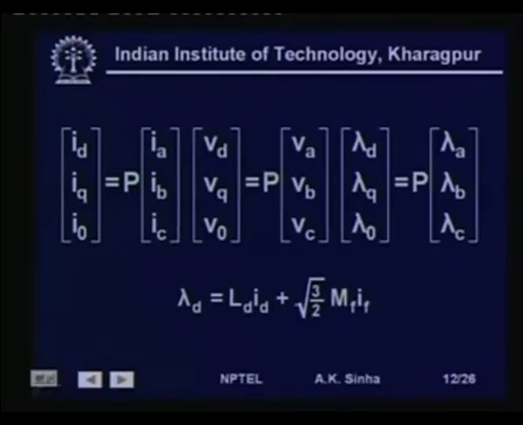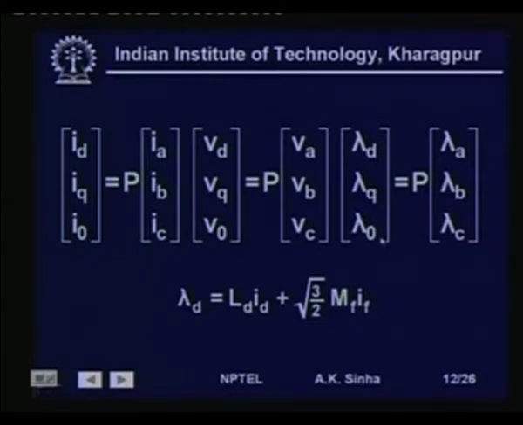The same transformation can be done on ABC phase voltages, then we will get the dq0 frame reference voltages. So, Vd, Vq, V0 is equal to P into Va, Vb, Vc. Similarly, the same transformation can also be applied to the flux linkages. So, P into lambda A, lambda B, lambda C will give us lambda d, lambda q, lambda 0.